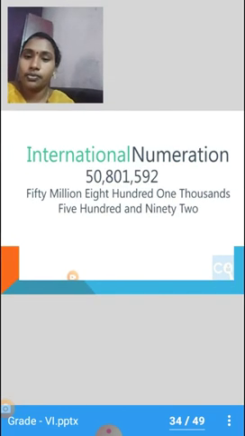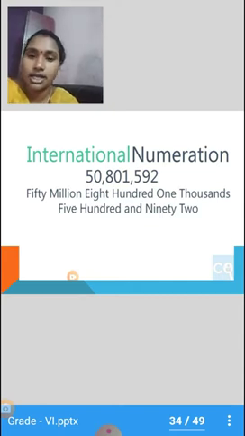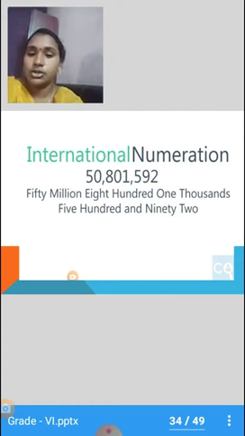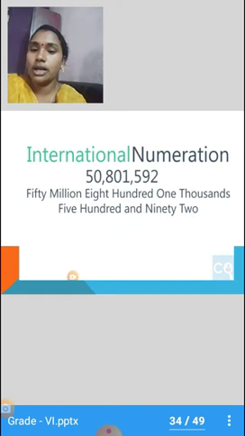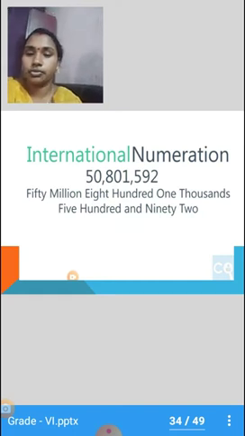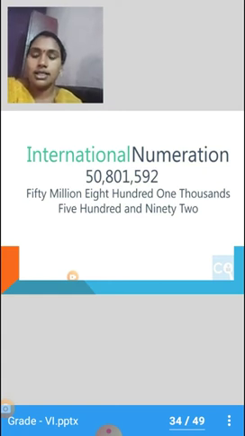Okay, now I have a big number displayed here, 50801592. How will you number these according to the international numeration and tell the number name for this?